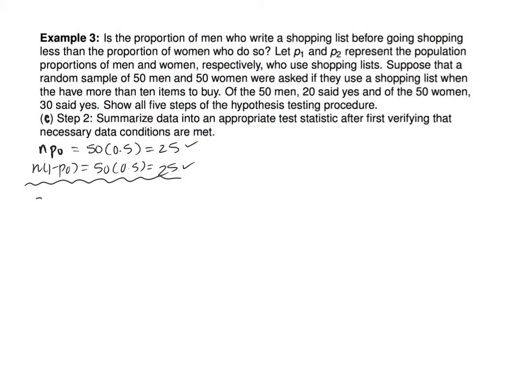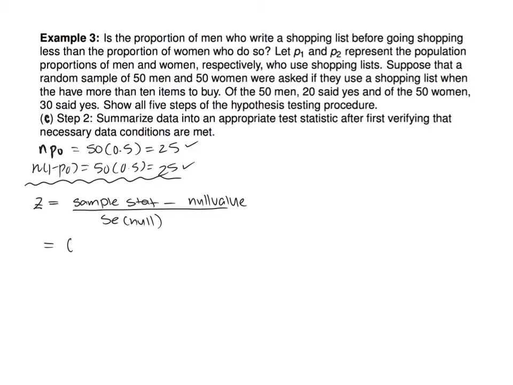Now, the Z statistic, this is your sample statistic minus your null value over the standard error of your null value. And this is where it gets a little bit weird.